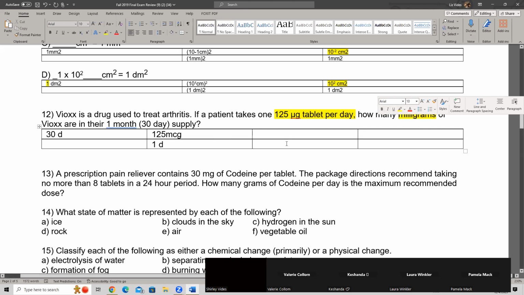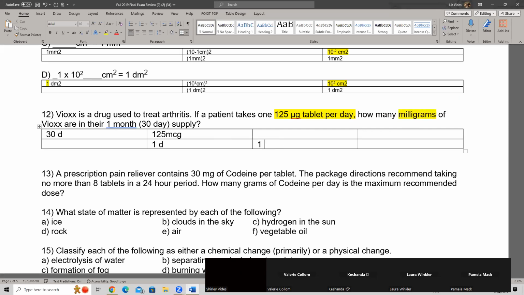So now we need to change micrograms to milligrams. And you know that one because you have your conversion factors right there. So it's 10 to the what? Microgram to milligram?